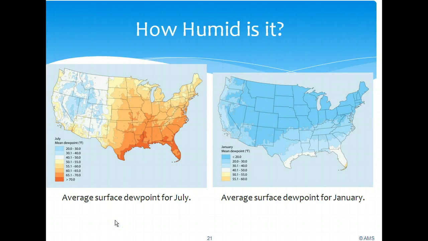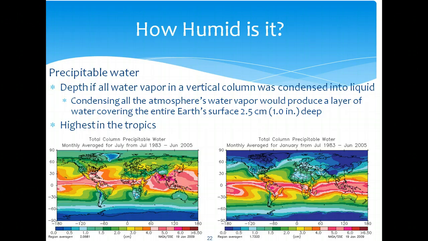These maps show us the average surface dew point for July and January in the coterminous United States, and as you would expect, in July the dew points tend to be relatively high, and in January, relatively cold. Precipitable water is another way of describing the amount of water vapor in the atmosphere.